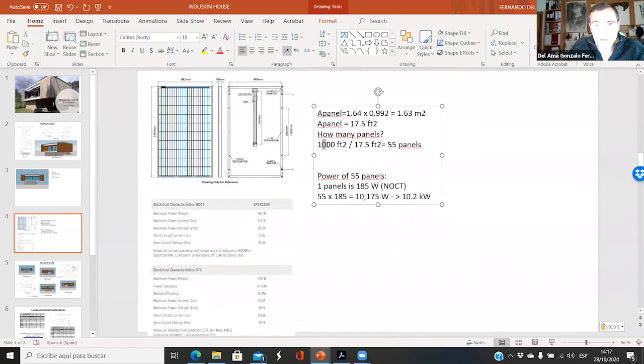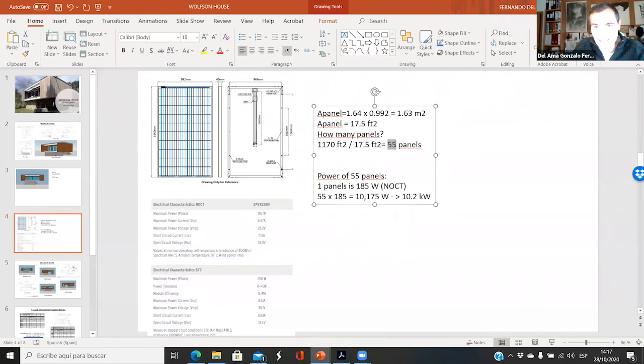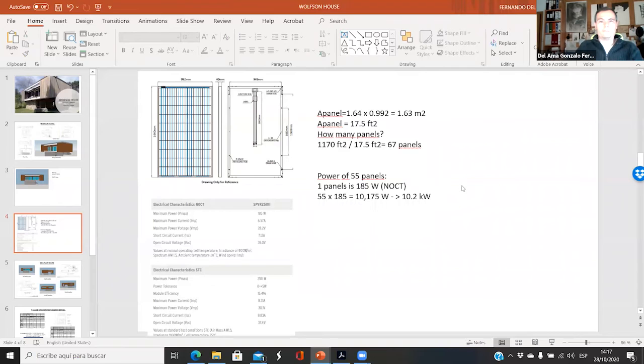How many panels? Well, since we have now 1,170, maybe we can have more panels. Let's say 1,170 divided by 17.5. This is around 67 panels. Okay, we have more area, so we can have more panels. So what's the power of 67 panels?